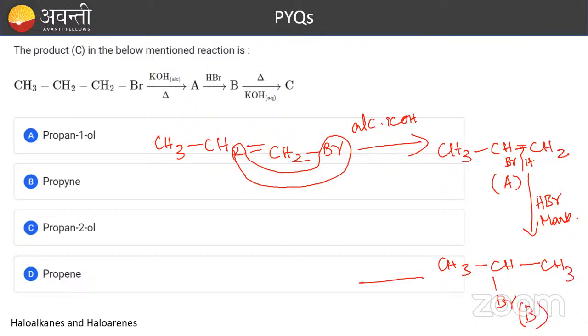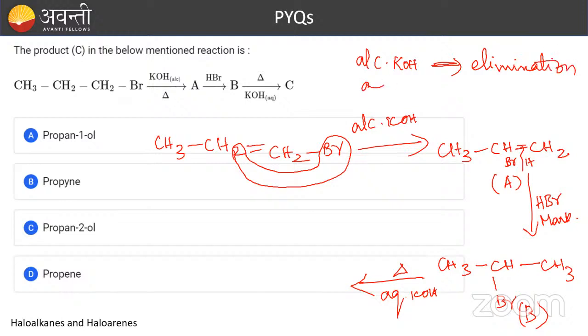Then what happens? We are heating this compound but in presence of aqueous KOH, right? Alcoholic KOH will lead to the elimination product. Aqueous KOH will lead to the substituted product.